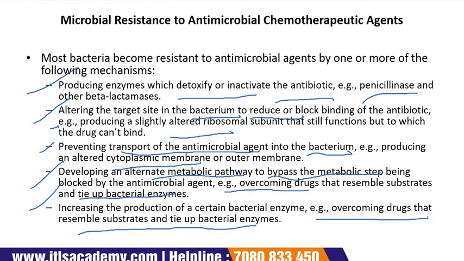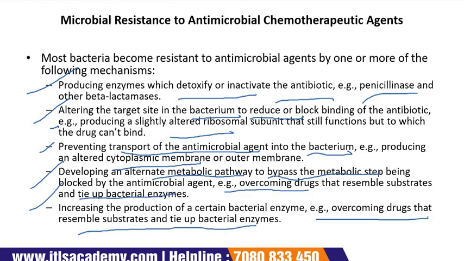So these were the ways they act to prevent themselves, by blocking some of the pathways, producing some of the enzymes, or making alterations so that they can easily get through their process and resist the activity of the antimicrobial chemotherapeutic agent.